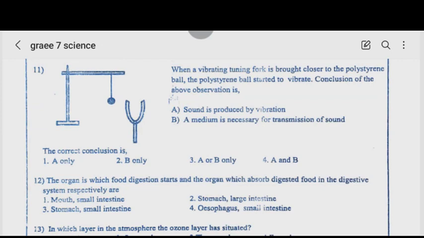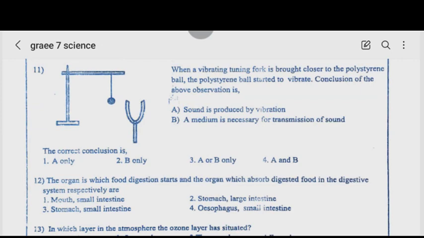What do you think, children? Is that clear? Is sound produced by vibration or not? Yes, sound is produced by vibration. Very good. Number B. A medium is necessary for transmission of sound. Is that clear?